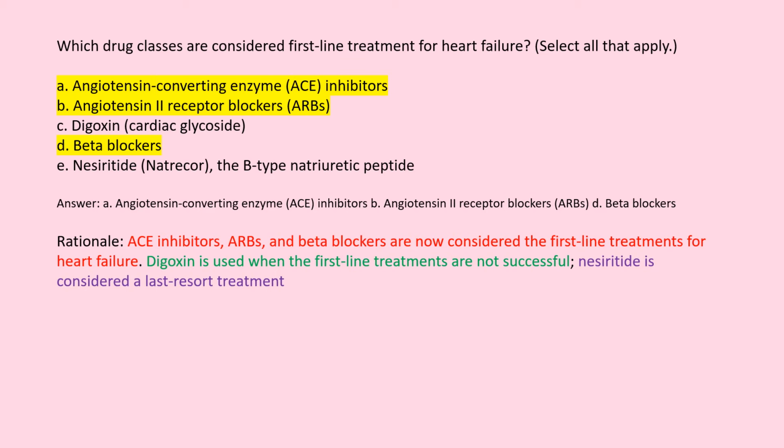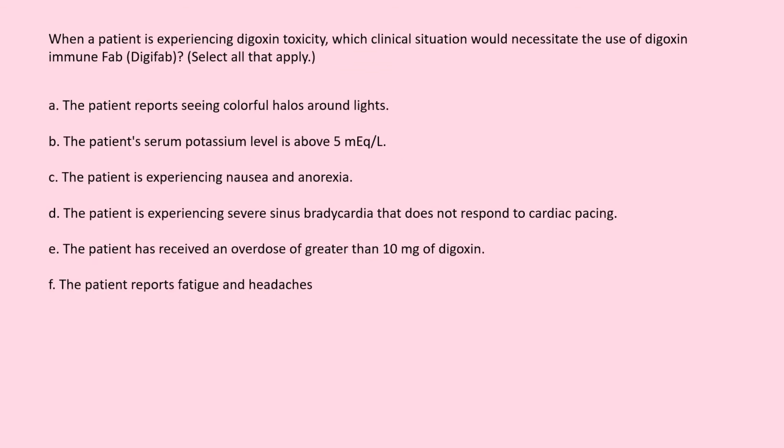Nesiritide is considered a last resort treatment. When a patient is experiencing digoxin toxicity, which clinical situation would necessitate the use of digoxin immune Fab, Digifab? Select all that apply. A. The patient reports seeing colorful halos around lights. B. The patient's serum potassium level is above 5 mEq/L.